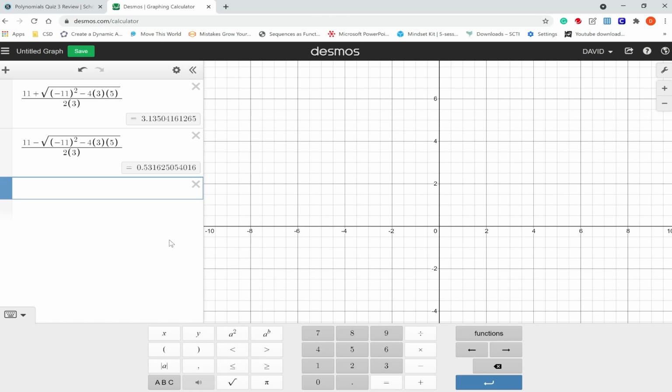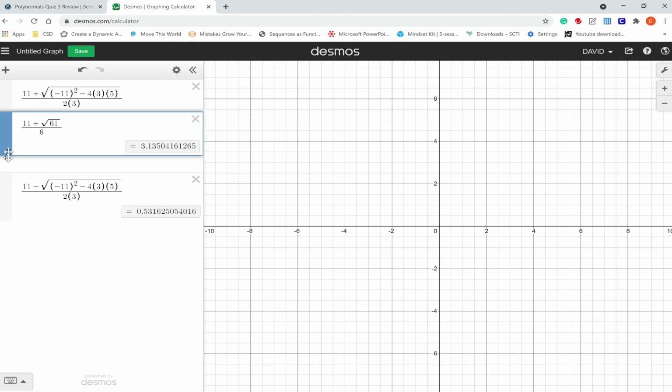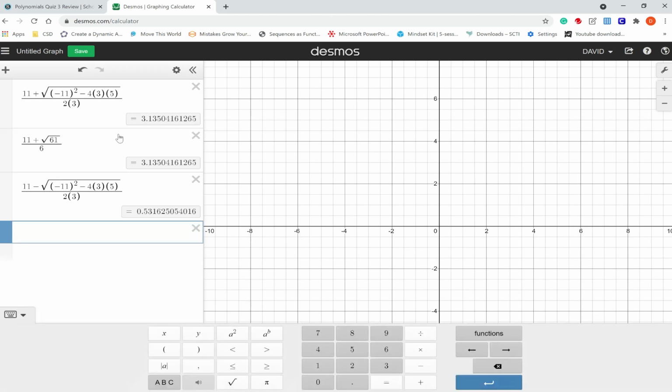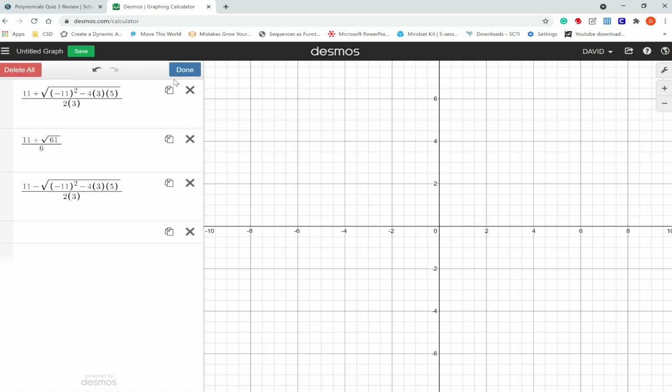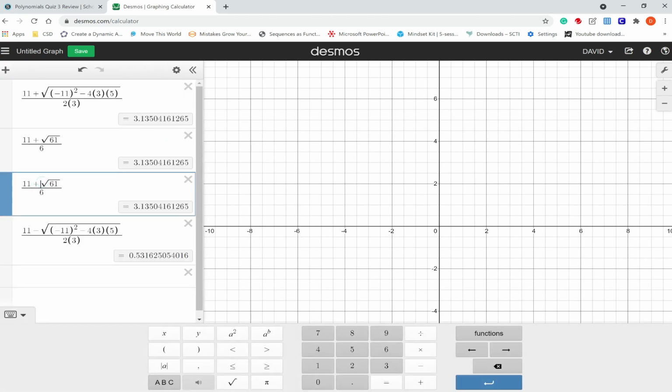So you can say, first the fraction, 11 plus root 61 all over 6. That's the same as the first one. And then the next one, let's just copy this one: 11 minus root 61 over 6.